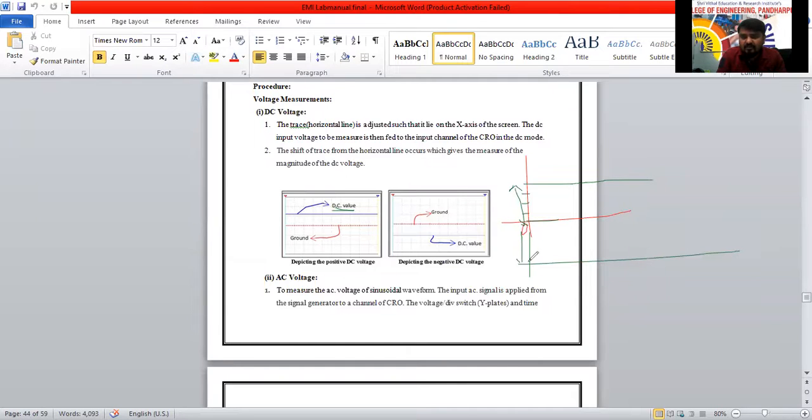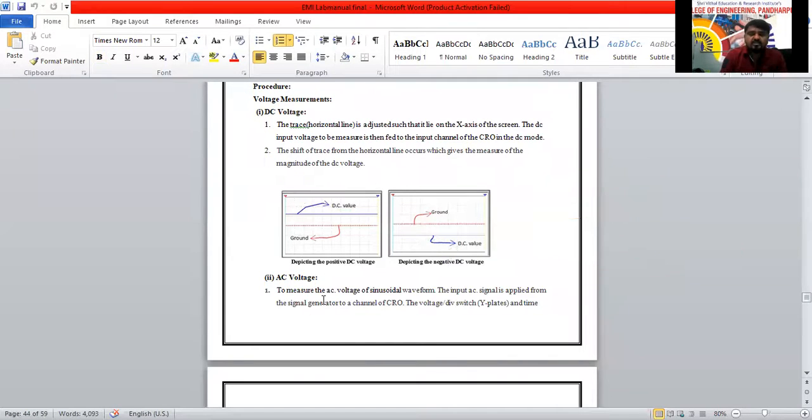If it is above, this is a plus DC value. The shift of the trace from the horizontal gives the measure of the magnitude of the DC voltage. That is called magnitude.